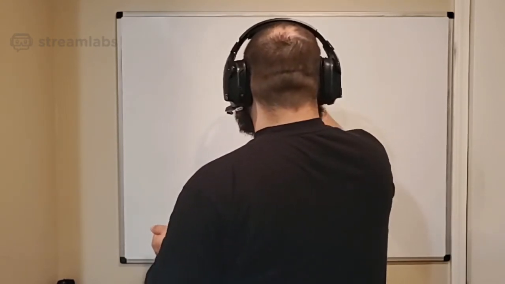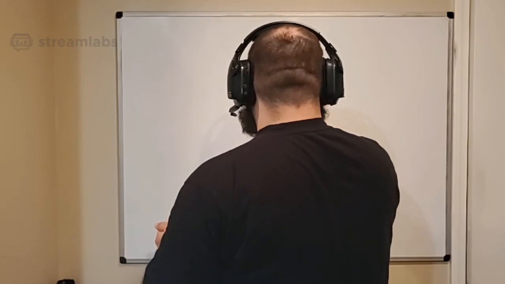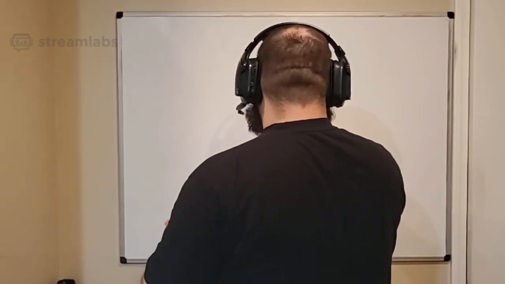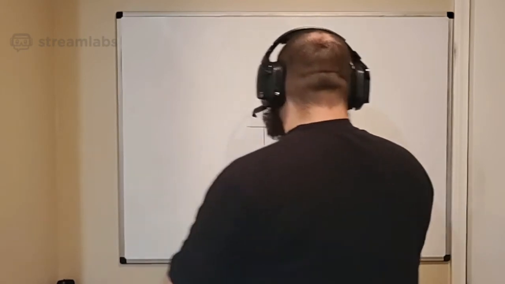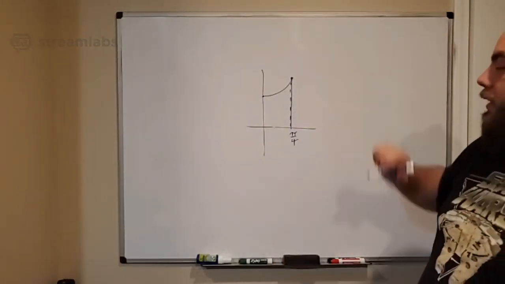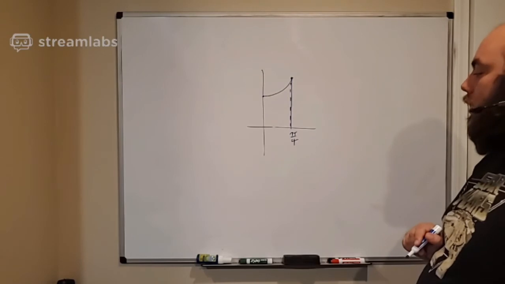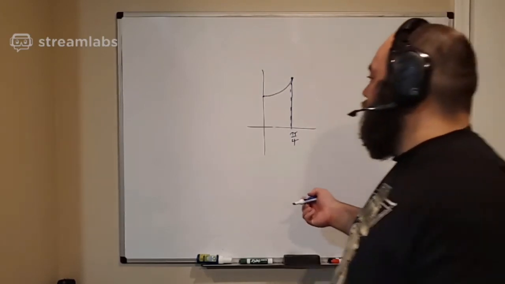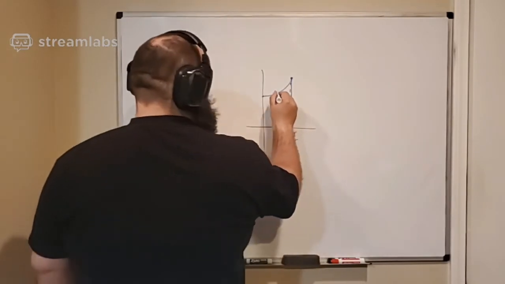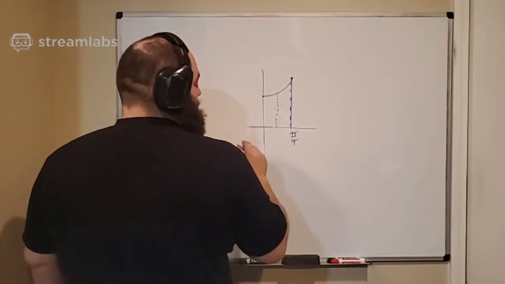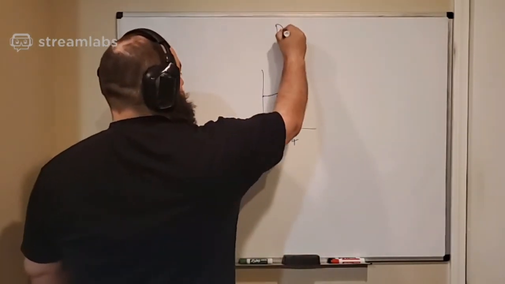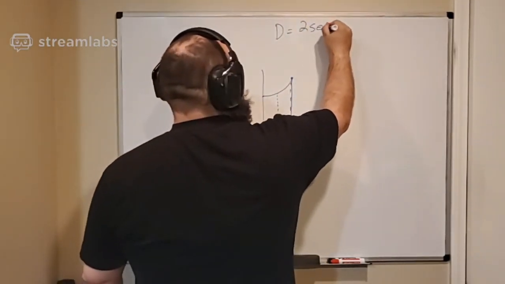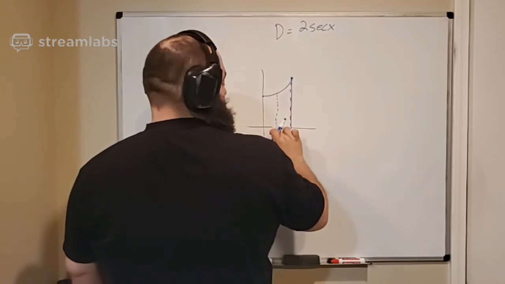Actually, it's a solid line. Pi over 4. So your graph looks something along those ranges. Whatever it ends up being, not a big deal. So like I said, the distance in here, that is your diameter. So your diameter is equal to 2 secant x, because that's top minus bottom, bottom being 0. So your radius is just secant x.